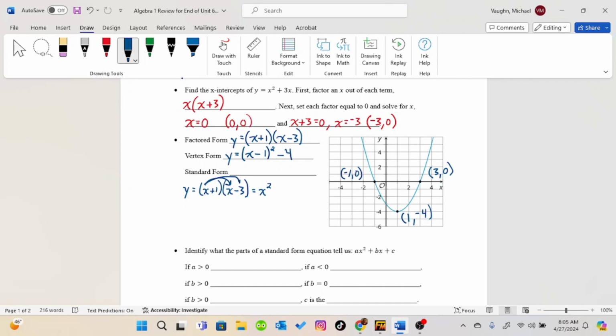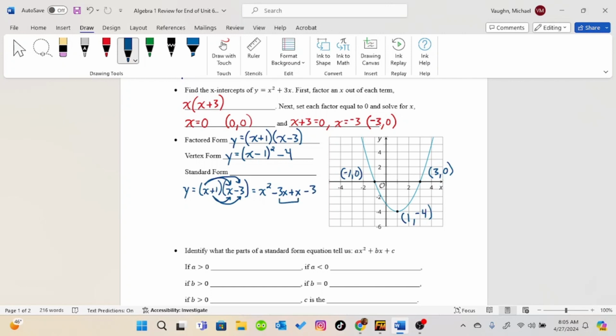X times negative 3 is minus 3x. 1 times x is plus x. And 1 times negative 3 is minus 3.